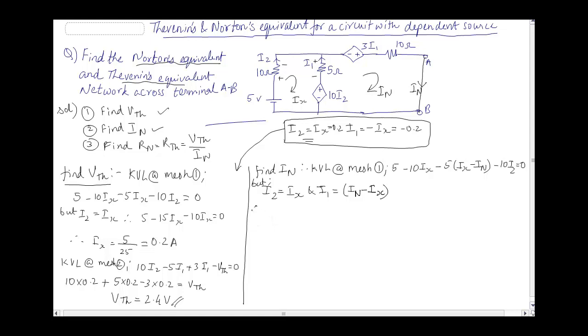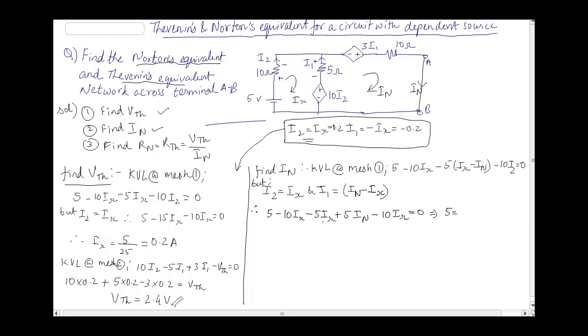So I will write, therefore we get 5 minus 10ix minus 5ix plus 5in minus 10. Instead of I2 I will write Ix is equal to 0, or we can write 5 is equal to, from here I will get 5 is equal to Ix.